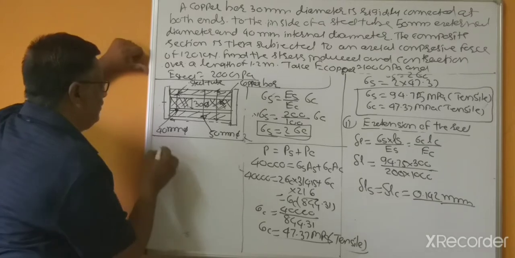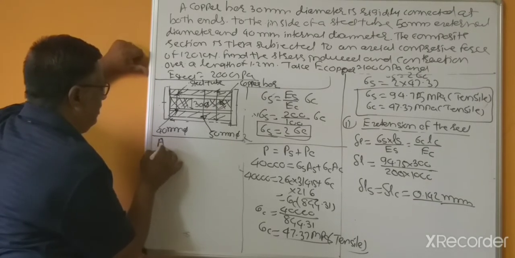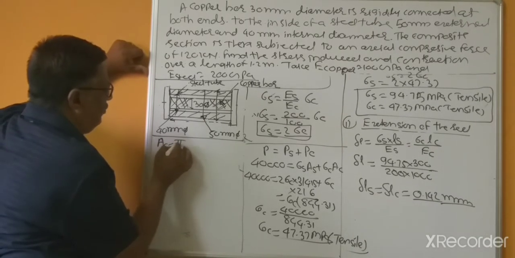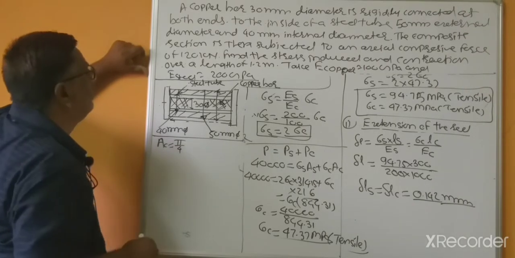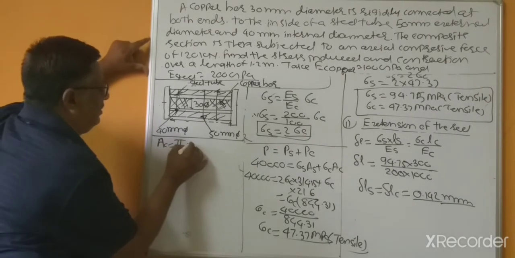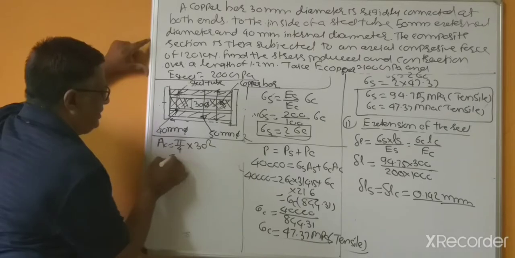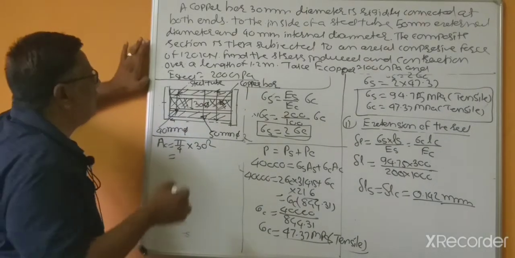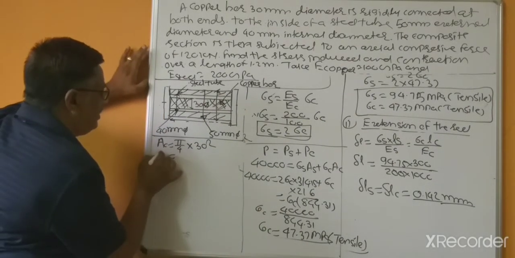Right. So first we will calculate AC equal to pi by 4 times 30 squared, because this is a solid bar.